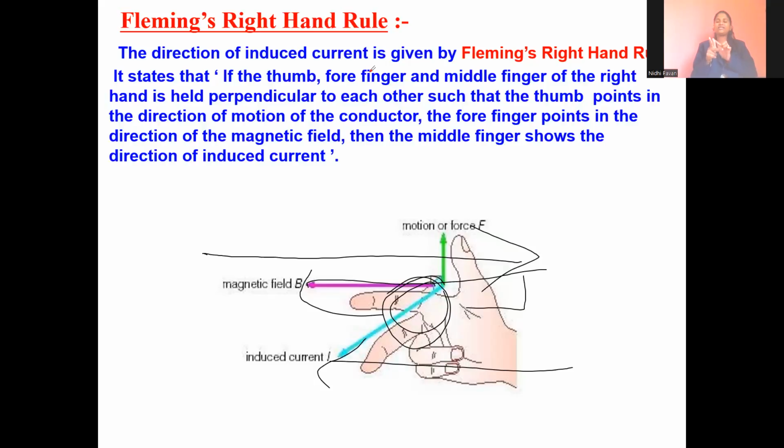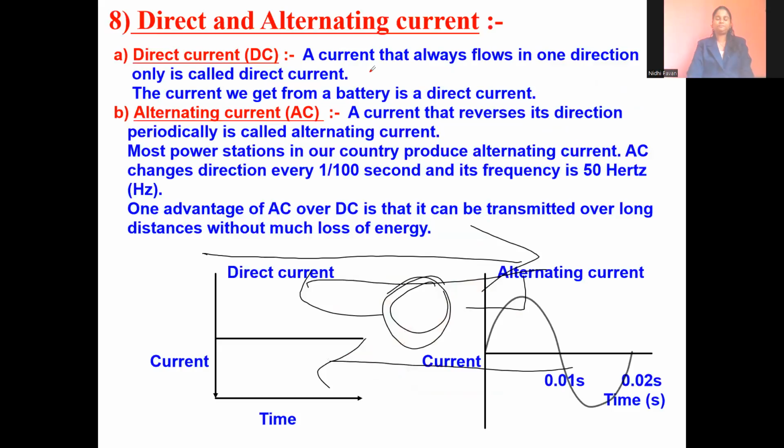The thumb points in the direction of motion of the conductor, the forefinger points in the direction of the magnetic field, and the middle finger points in the direction of the induced current. So this is given by Fleming's right hand rule.